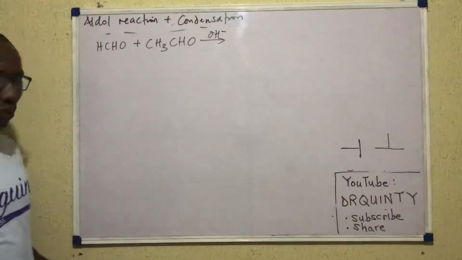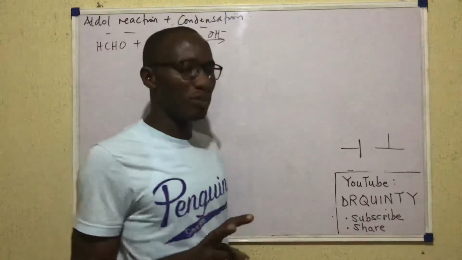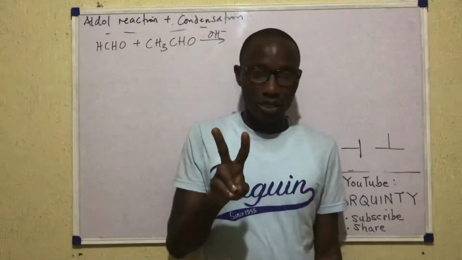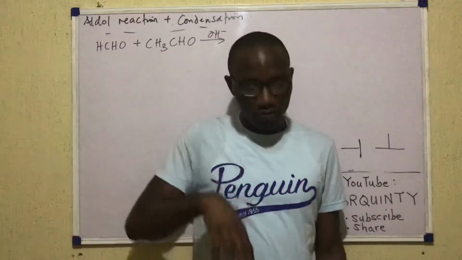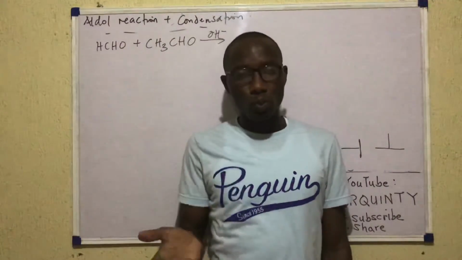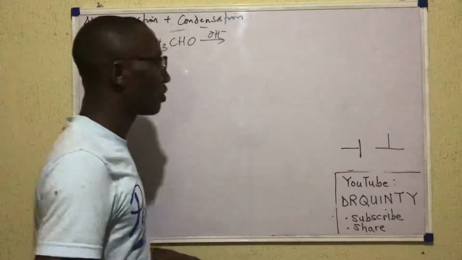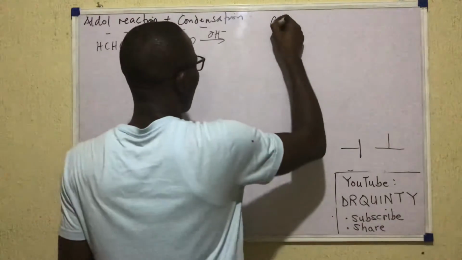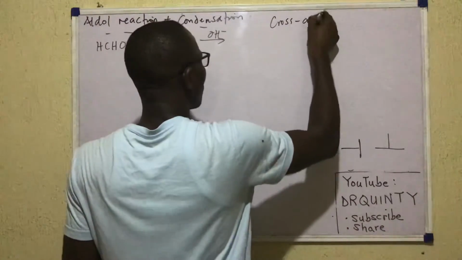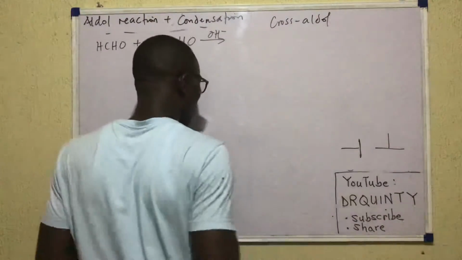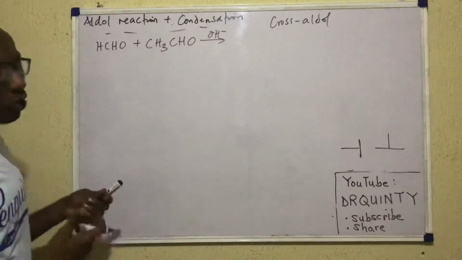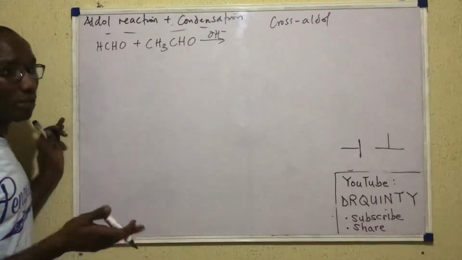This is an aldol condensation that is going to take place between 2 different molecules. We don't have 2 moles of the same molecule this time, but 1 mole each of 2 different molecules. When that happens, you say that what you are carrying out is cross aldol formation, or cross aldol condensation, depending on how it all ends.